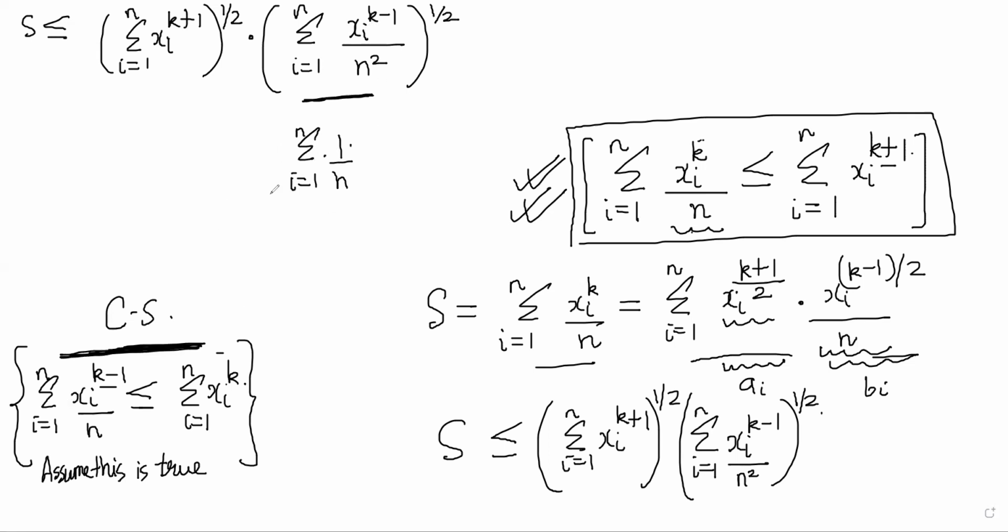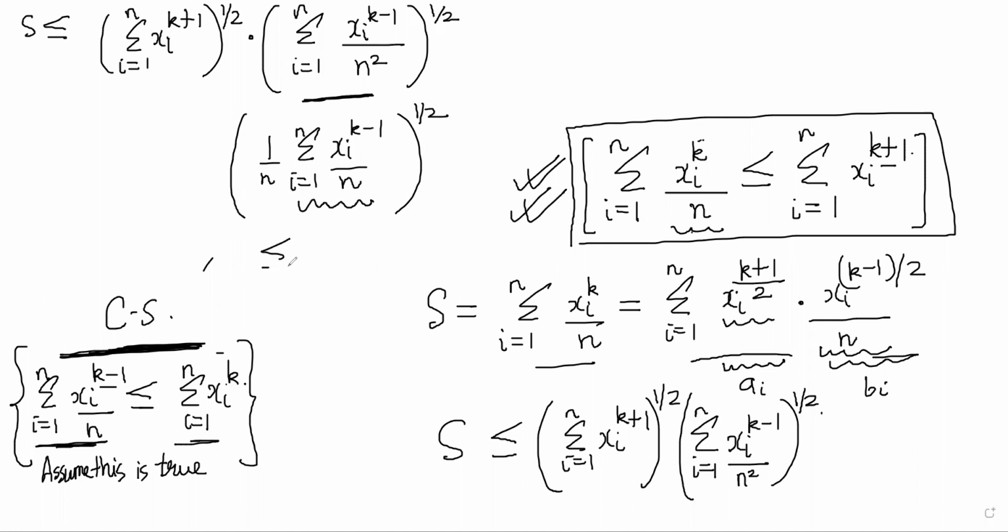So 1 by n can come out of this summation. I can rewrite it as 1 by n times xi power k minus 1 by n, and the whole thing is under a root. And this part, because it now fits this pattern, I can write as less than or equal to 1 by n times summation i goes from 1 to n xi power k.